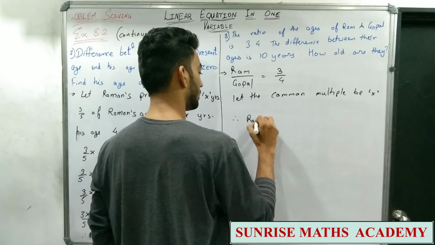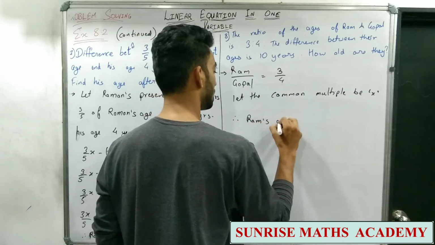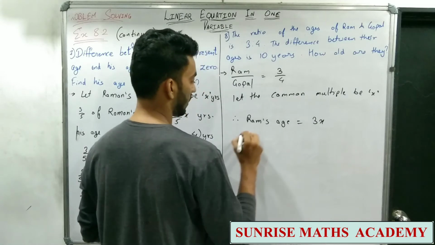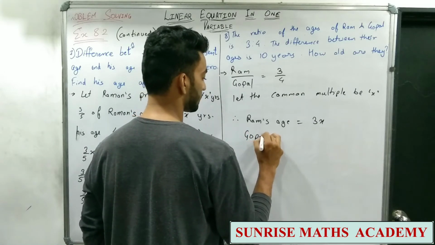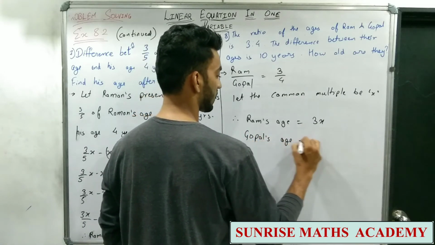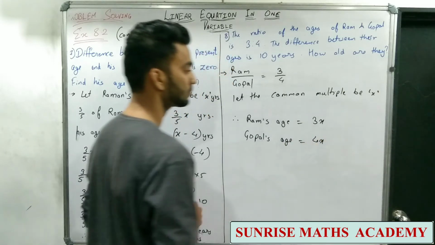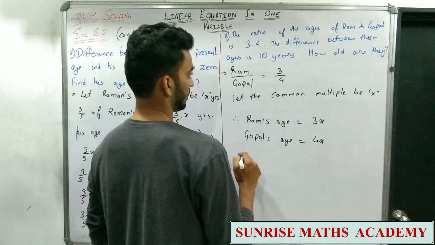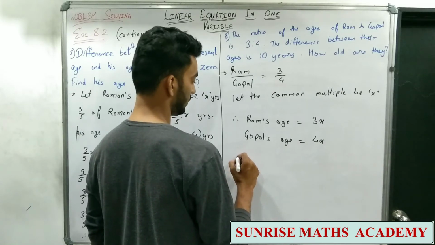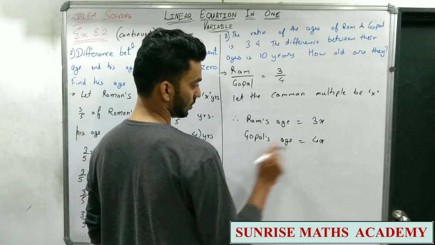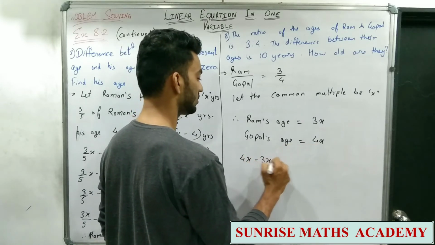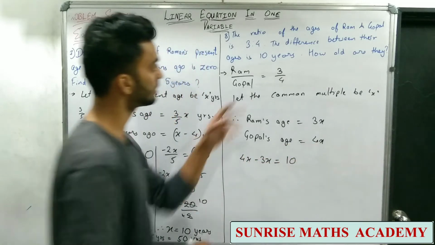Therefore, Ram's age is 3x and Gopal's age is 4x. So, the difference between these two, this is the greater one because it is 4x. 4x minus 3x equals to 10. Difference is 10 years.